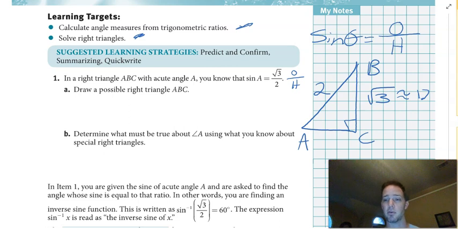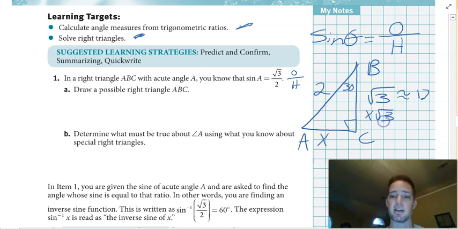So hopefully we know that one of the ratios that we learned in special right triangles was that when we have a 30, 60, 90 triangle, the side opposite of 30 degrees could be represented by x. The side opposite of 60 degrees would be x times square root of 3, and the side opposite of 90 degrees would have been 2x.